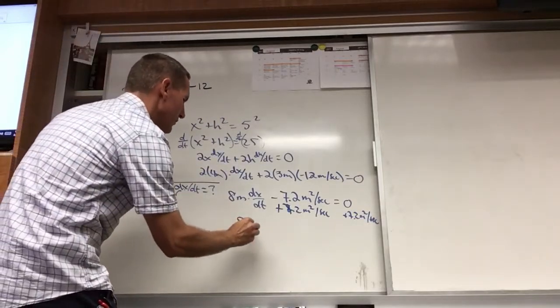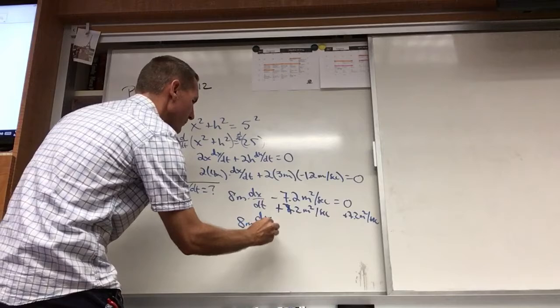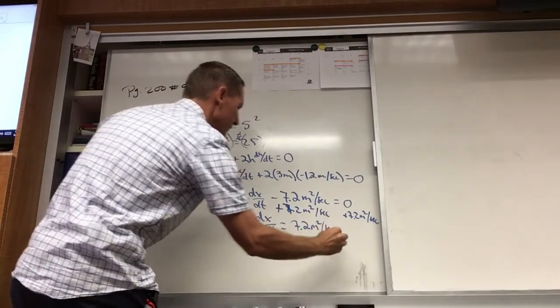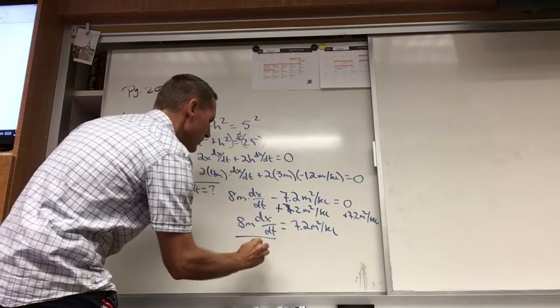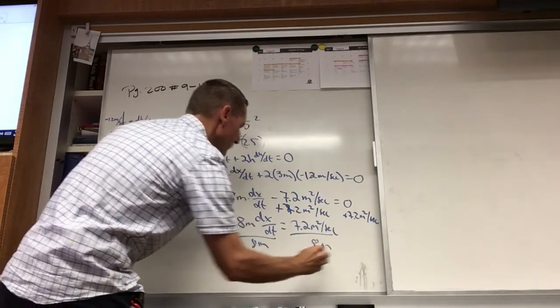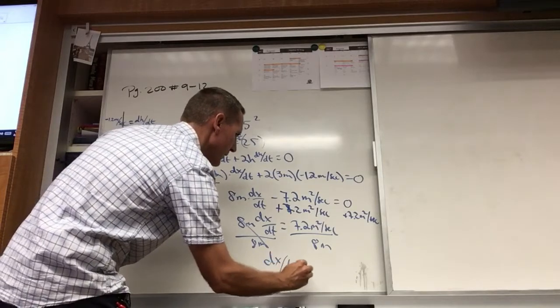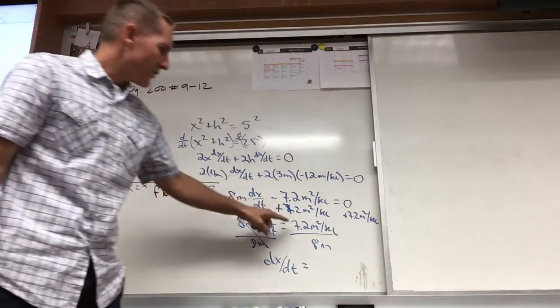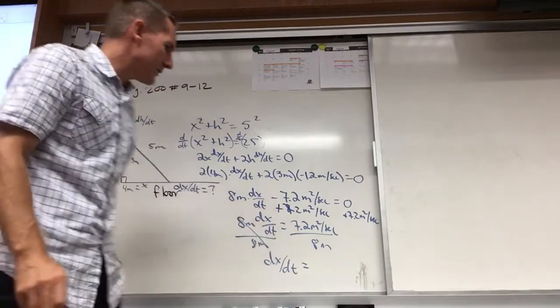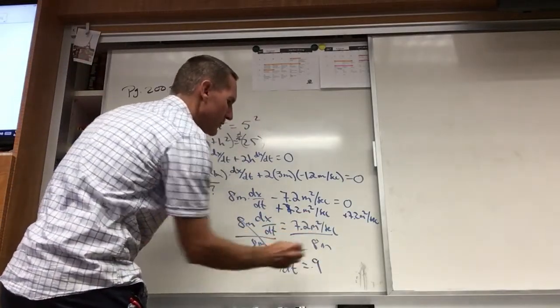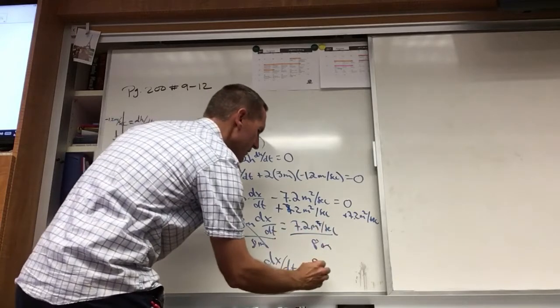So I get 8 meters times dx/dt equals 7.2 meters squared per second. I divide by 8 meters. So I'm left with dx/dt is equal to, so 7.2 divided by 8 is 0.9. The meters squared divided by meters, one of those is going to cancel out, and I just have meters per second.